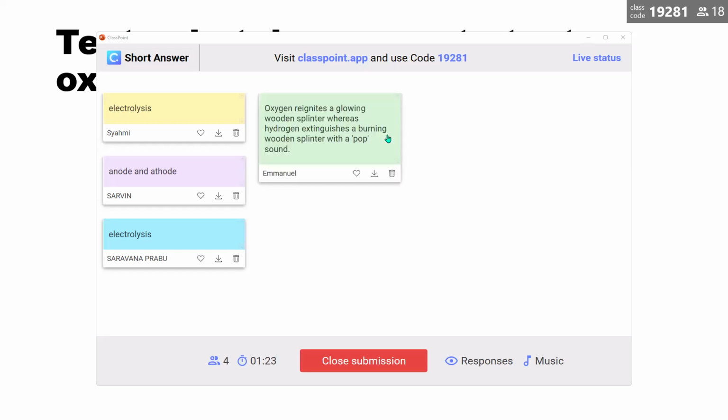What splinter am I using for oxygen? Teacher, I'm already in class point, but the only thing I'm seeing is the electrolysis and the other slides.